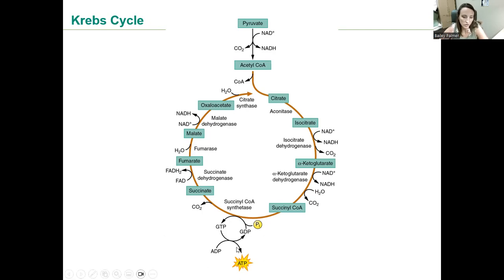So this is also what you'll have to know about the Krebs cycle, where the GTP is produced. First, what it stands for, guanosine triphosphate. It occurs between succinyl-CoA and succinate. I won't ask you about the enzyme though, so you don't have to worry about that. You just have to know where it's produced and basically what it is. So our only site of ATP production, then we go from succinate to fumarate. Again, there's our FADH.